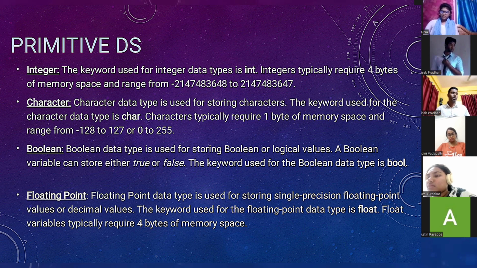Starting off primitive data structures, the very first one is integer. Integers are those which have both positive as well as negative numbers. Integer is defined by the keyword int. Keywords in any programming language are certain words which are fixed.